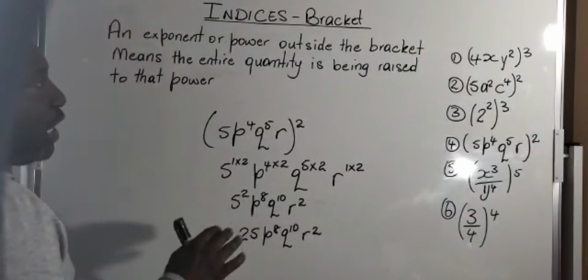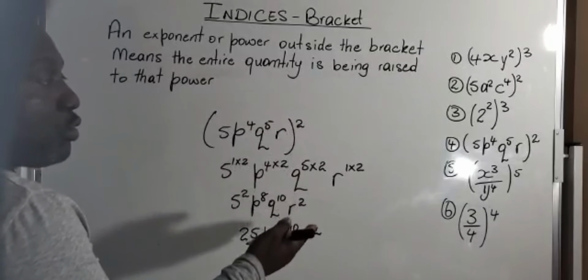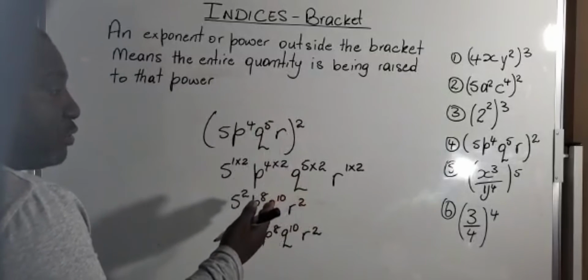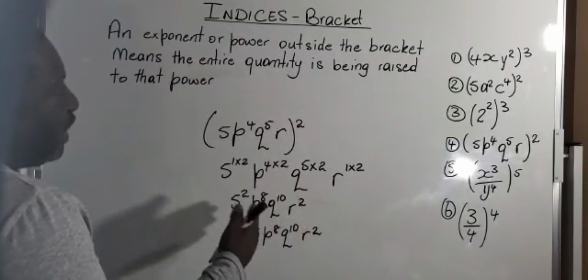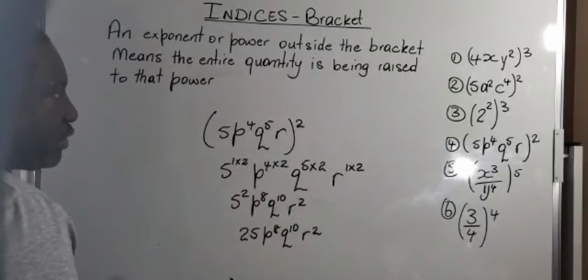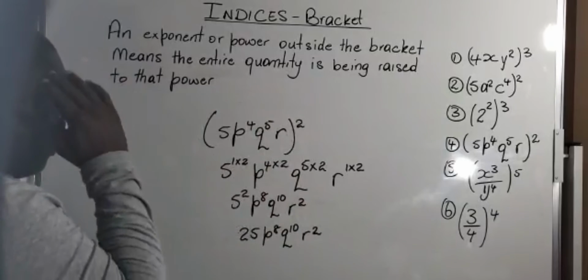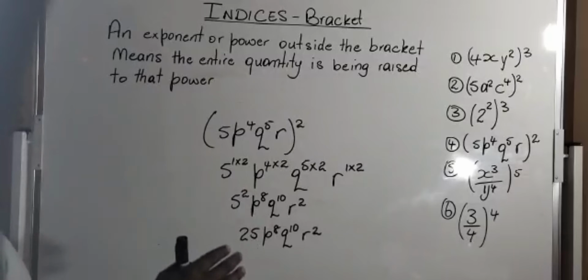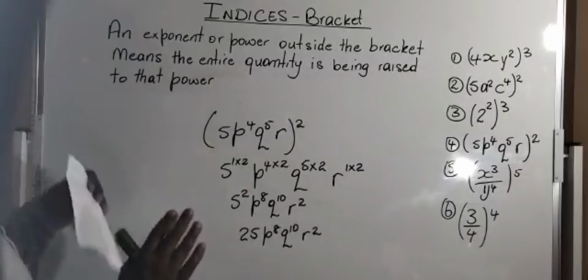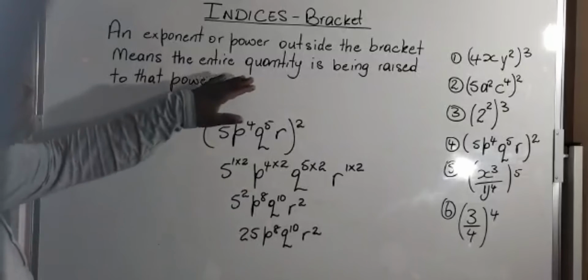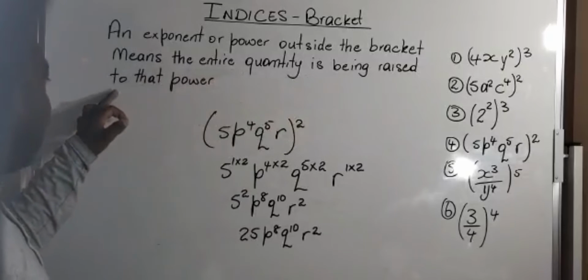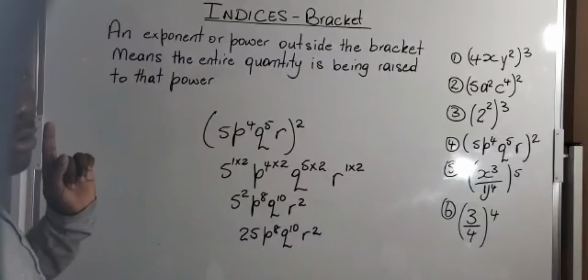So bear in mind, guys, we are sticking to the rule that applies to indices involving bracket. Again, bear in mind it says an exponent or power outside the bracket means the entire quantity is being raised to that power.